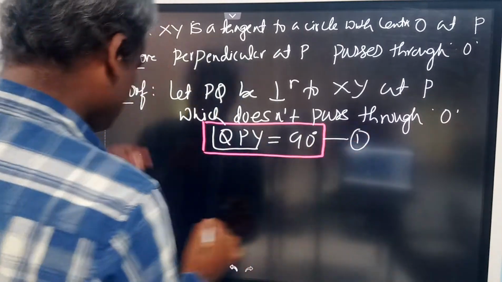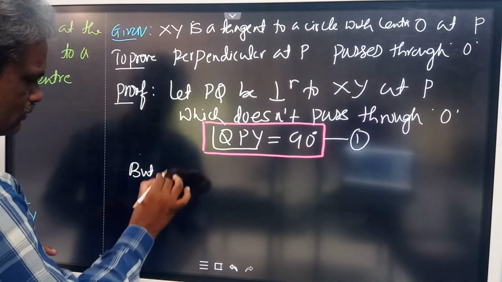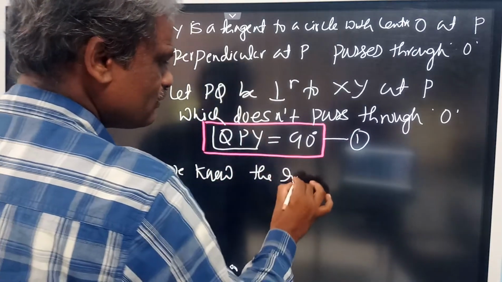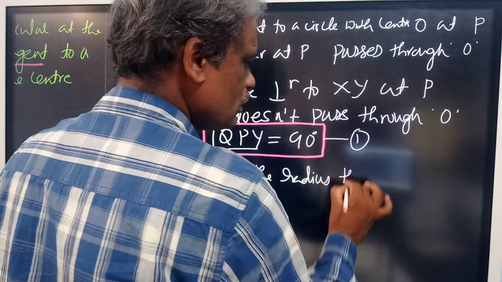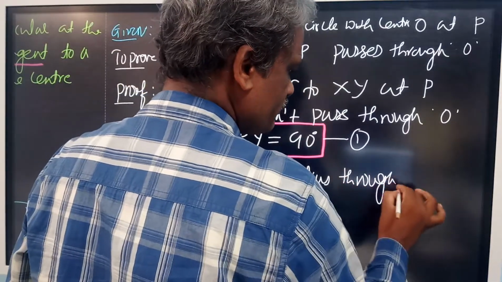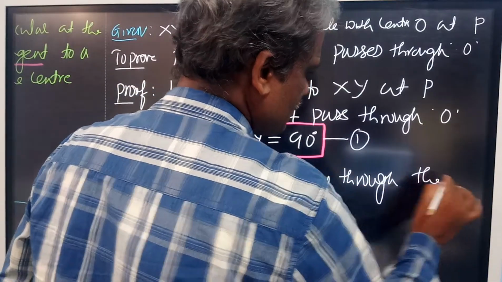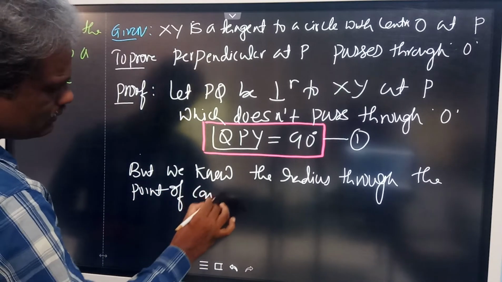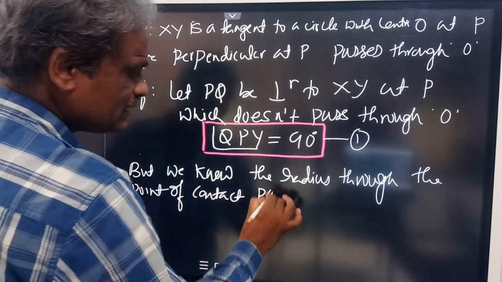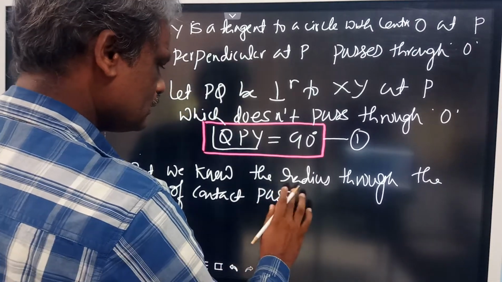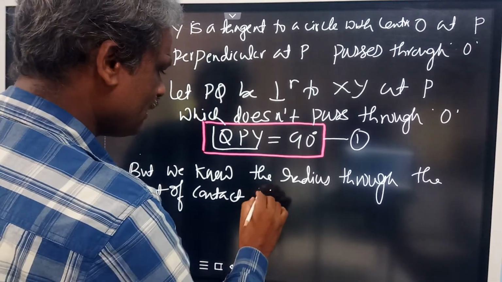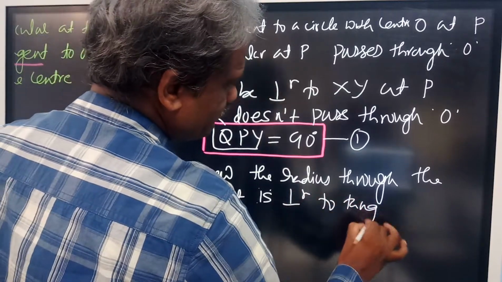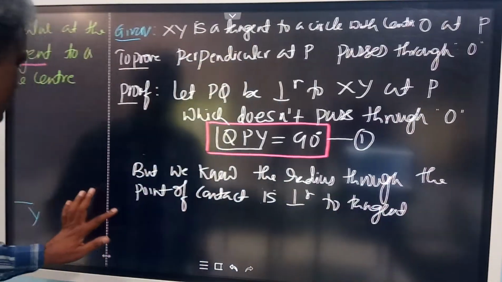But we know that the radius through the point of contact is perpendicular to the tangent.